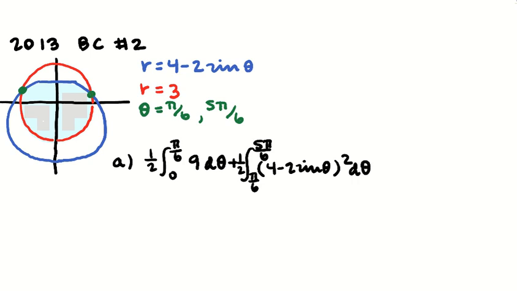And so now, okay, I started at 0, I went over and got that much area, now I've gone all the way over to here, and so now I need to swing back along the red, all the way from 5 pi over 6 to 2 pi. And that would be the red one squared would be 9 d theta.